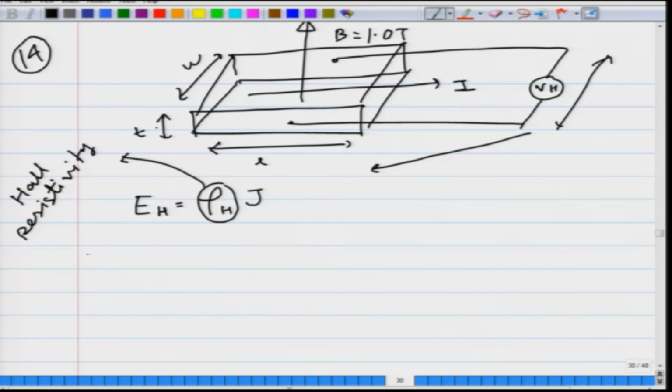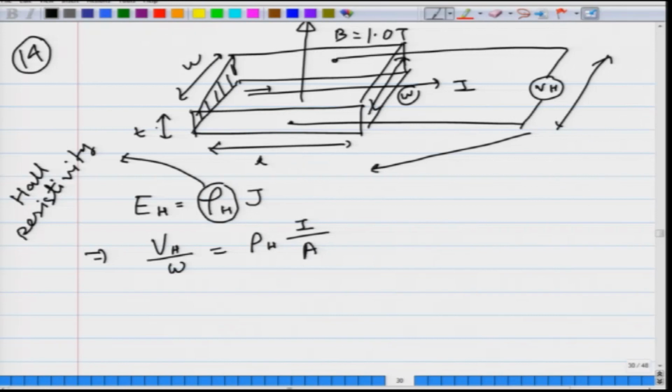So, E_H I can write as V_H by W, because V_H is measured along this direction. The distance between the two probes of the voltmeter is W here, not along this length. So, V_H by W equals rho_H times J, and J will be I by A. This is current density, meaning current per unit area.